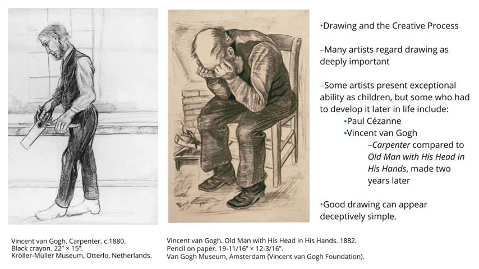Two very famous artists that didn't start drawing until they were much older are Paul Cézanne and actually Vincent van Gogh. You can see here two drawings from Vincent van Gogh made 2 years apart, and you can see just how much growth happened over 2 years in his ability to draw and make something more realistic and more captivating.